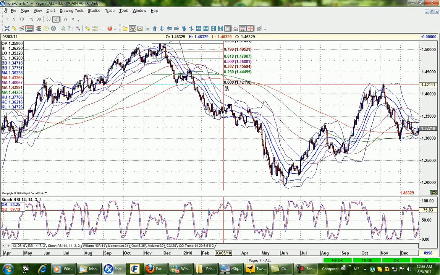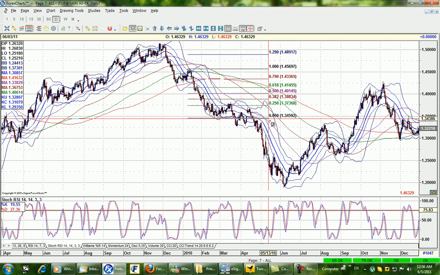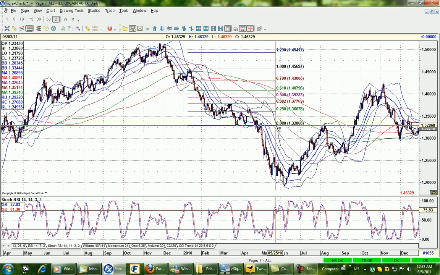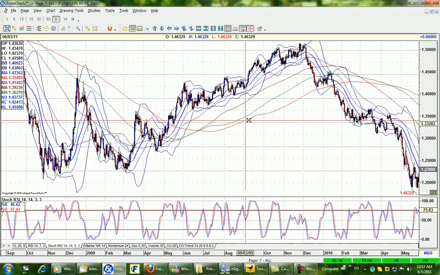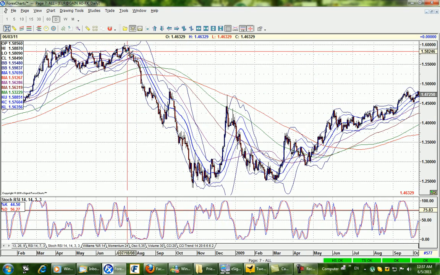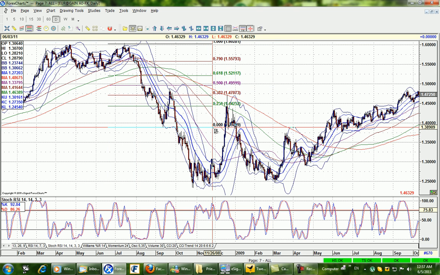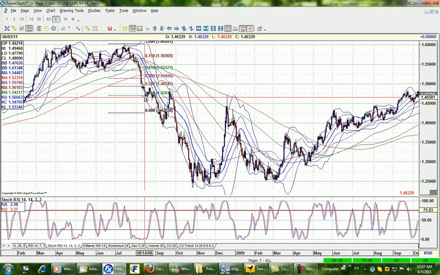We've seen here it corrected like a 38% retracement of this move down, and here as well 25 to 38%. And on this move down as well, on the recession in 2008, the best correction we've seen was around the 38% to the 50% retracement of the move down.